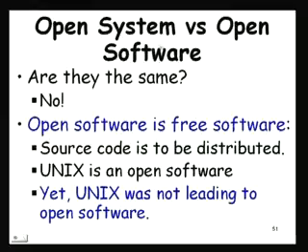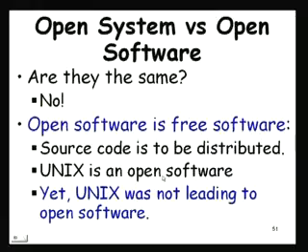But what is the difference between an open system and open software? Are they the same? No, open system and open software are not the same. Open software is basically free software, like open source, where the source code is distributed.